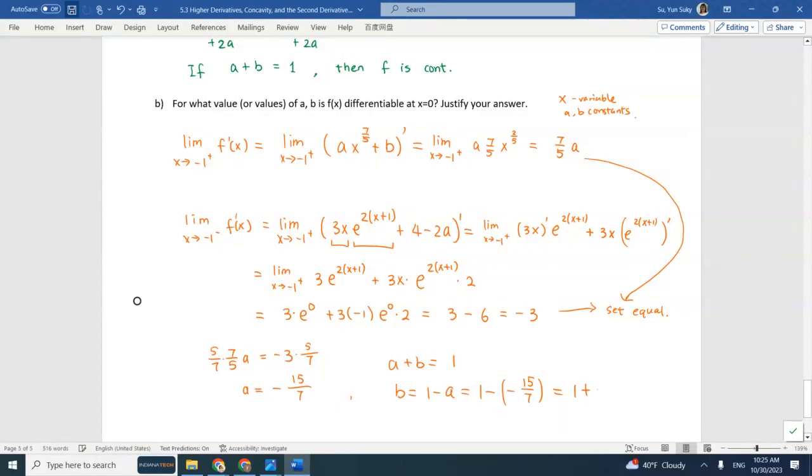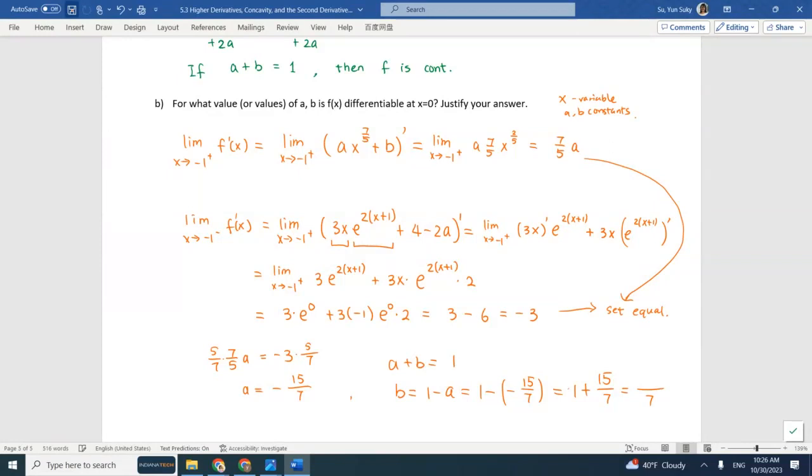Therefore, we get 1 plus 15 over 7. The common denominator is 7. How about your numerator, Paige? What's 1 plus 15 over 7? Common denominator is 7.